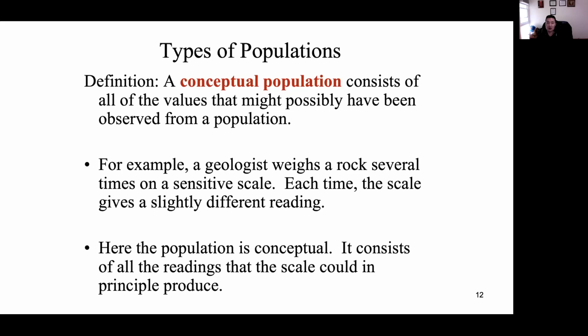Each time the scale gives a slightly different reading. Here, the population is conceptual. So the whole population means all the possible readings that the scale could in principle produce. It's not finite, unlike the previous example. So this is called conceptual population.